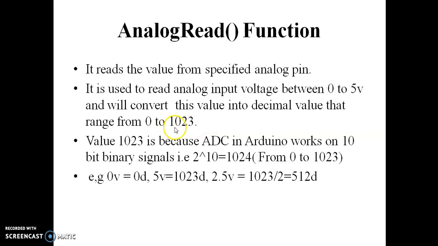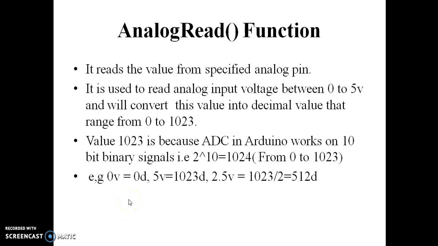Why 1023? Because we know that ADC in Arduino has 10-bit resolution. That means 2 raised to 10, whose value is 1024. So if we count from 0, it will be 0 to 1023.